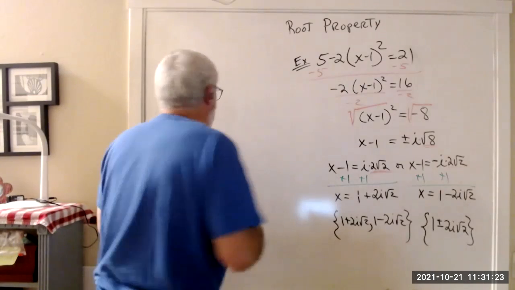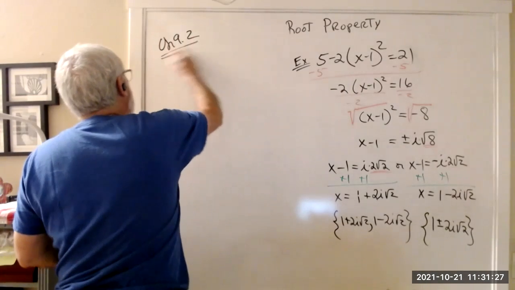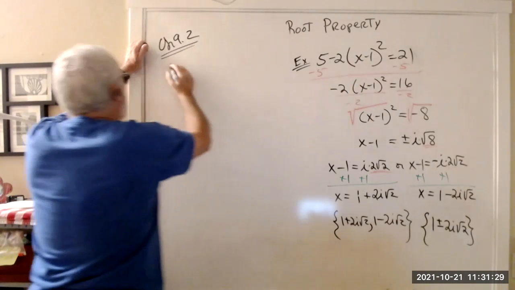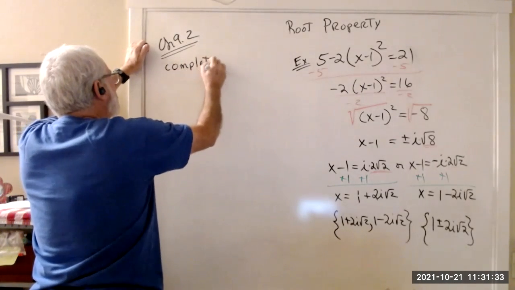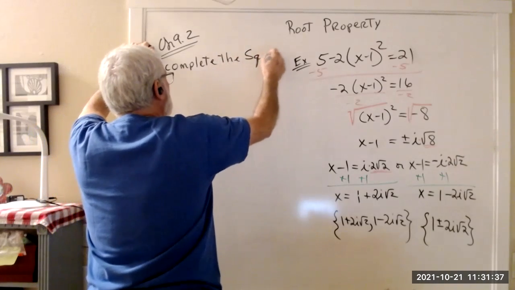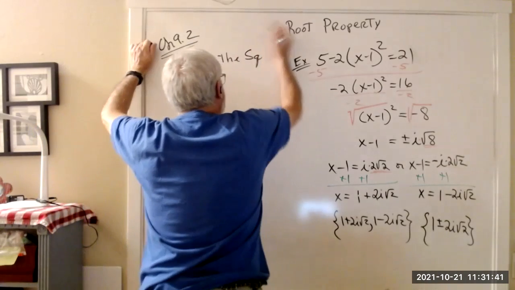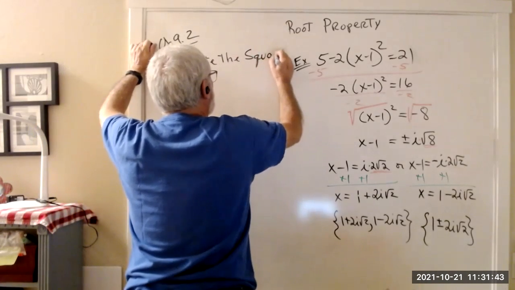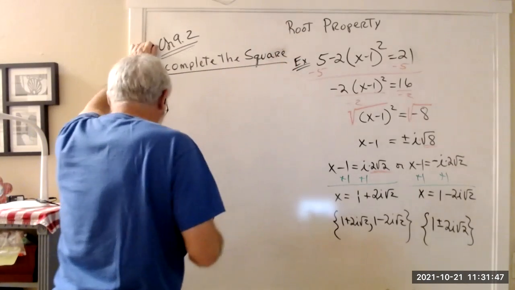And that's what chapter 9.2 is about. It's called Complete the Square.